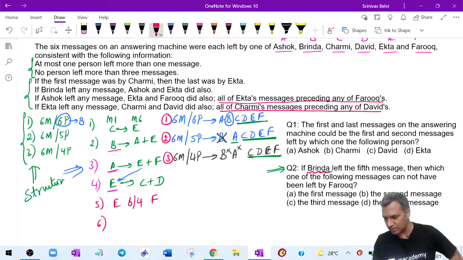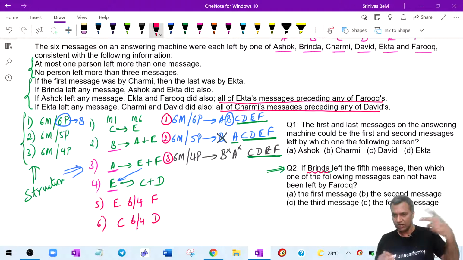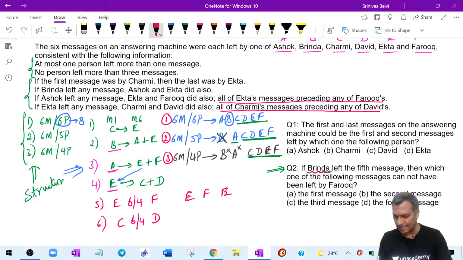All of Charmi's messages come before David's messages, right? Which implies, can it be possible that Ekta sent two messages? Ekta's message here, then Farooq's message here, and then Ekta's message again. That's not possible. If Ekta has sent two messages, all of Ekta's messages should come before Farooq's message. These are the two minor points.